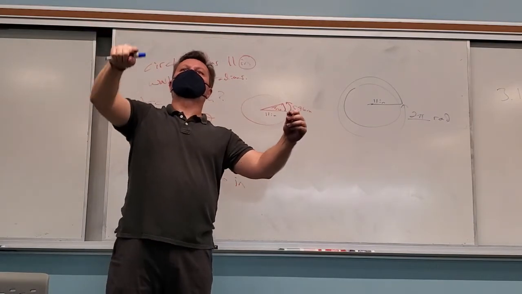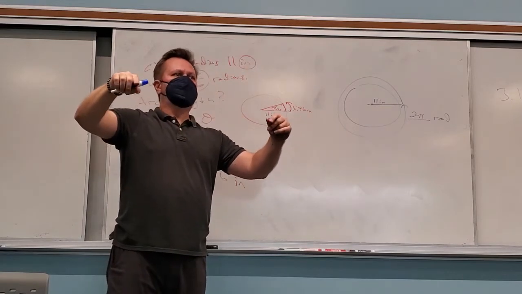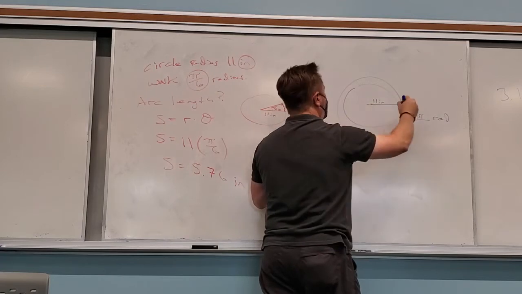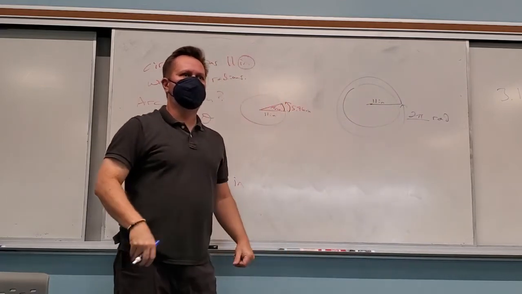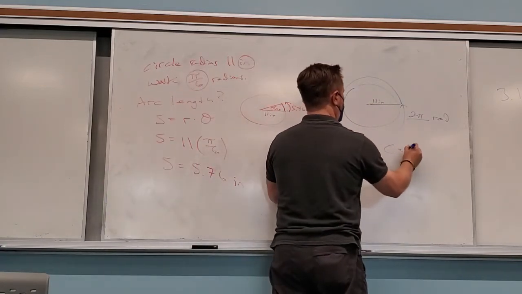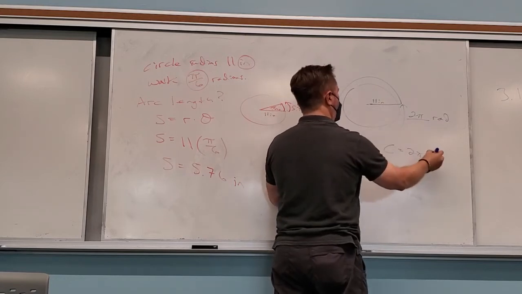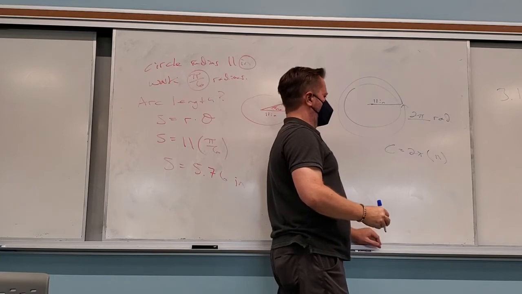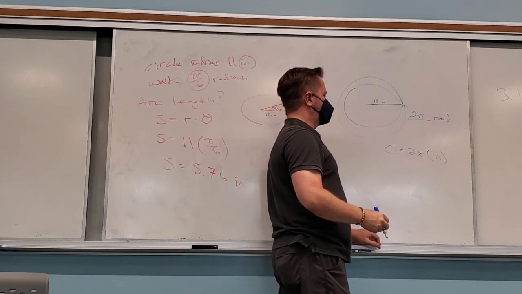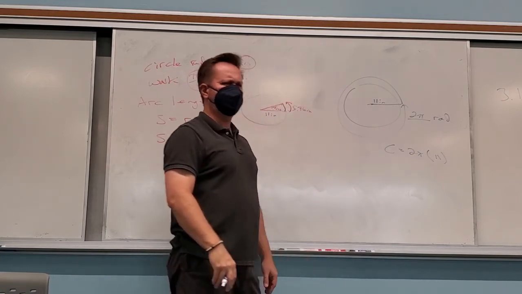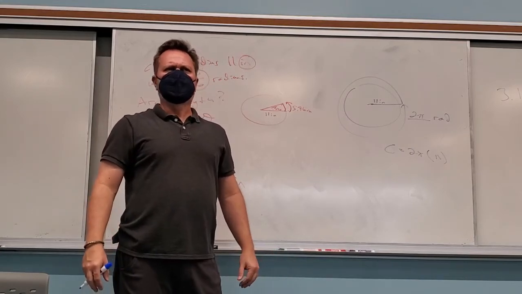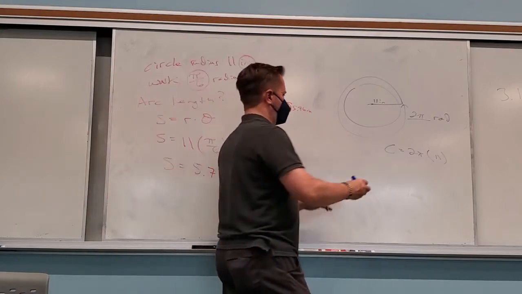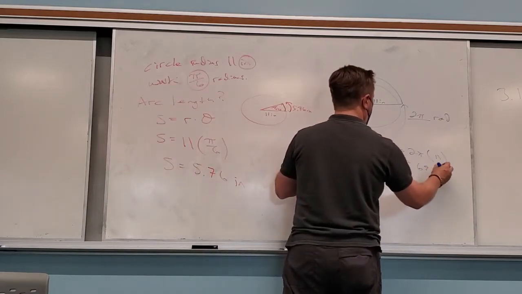If I walk around the circle, how far did I actually travel? 2 pi times 11. Roughly 69, 70 inches? 69.115 inches, that's pretty good.